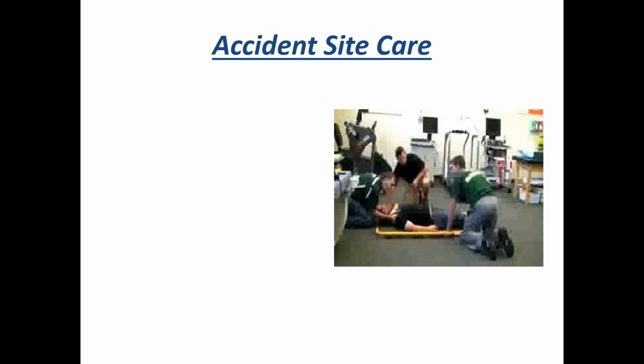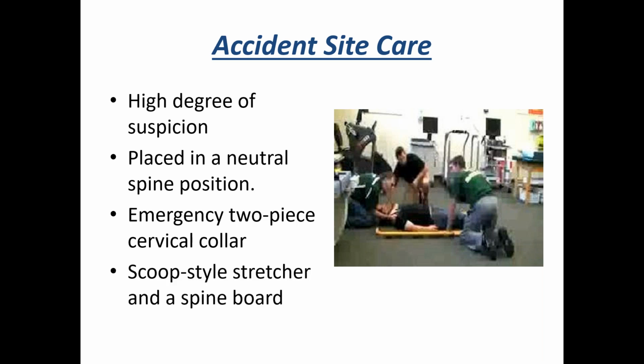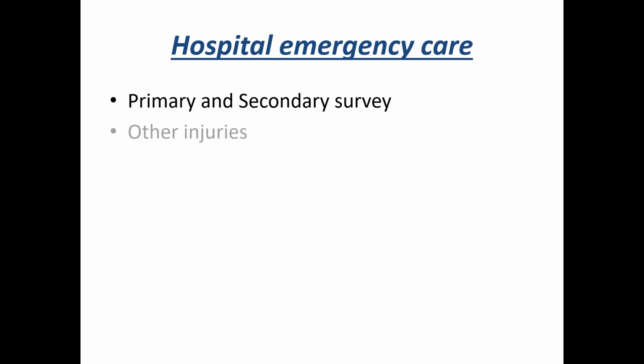Accident site care: you need to protect the cervical spine, transport the patient on a spine board, keep a high degree of suspicion, place in a neutral spine position, use an emergency two-piece cervical collar, a scoop style stretcher, and a spine board. Once the patient reaches the emergency, primary and secondary survey as per the ATLS protocol, imaging like X-rays, cervical spine, dorsal spine, lumbar spine, AP and lateral.